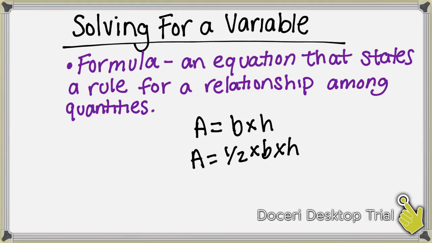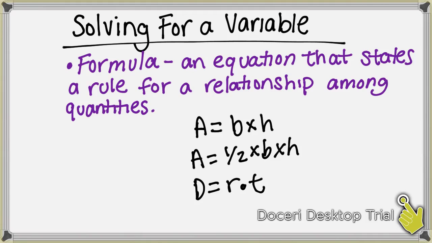There's formulas to convert between Fahrenheit and Celsius. There's another formula, the distance formula, which is distance is equal to rate times time. There's all types of formulas, all right?